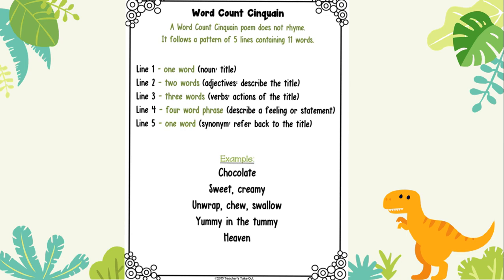So we have one word for line 1, which is your noun or your title. So what is the poem about? Line 2 is 2 words, 2 adjectives that describe what your poem is about. 3 words for line 3. They are the actions of your subject or what the poem is about. Line 4 is a 4-word phrase.